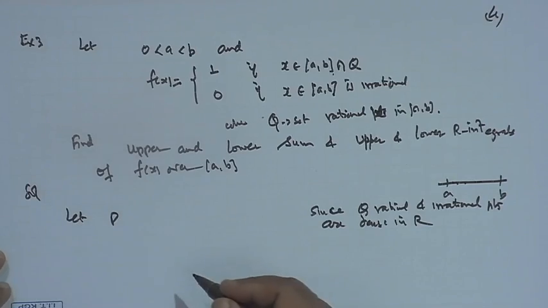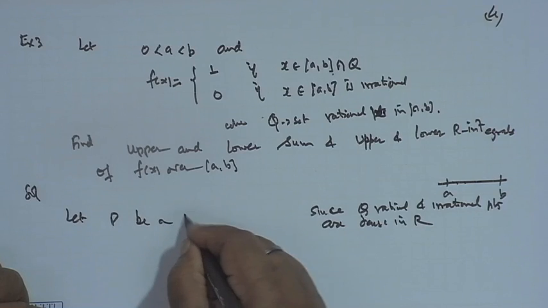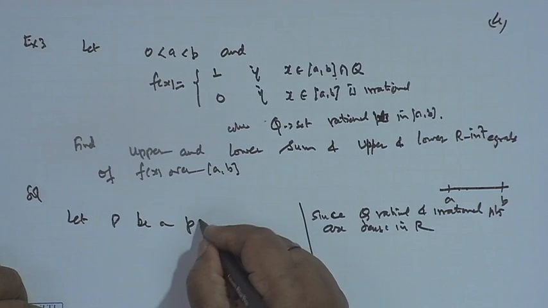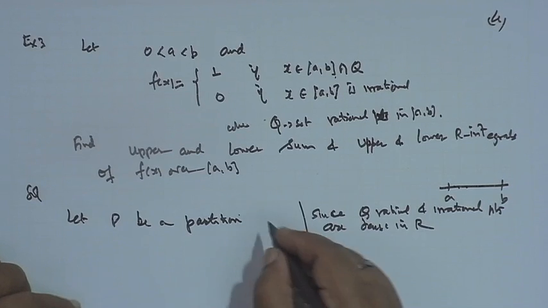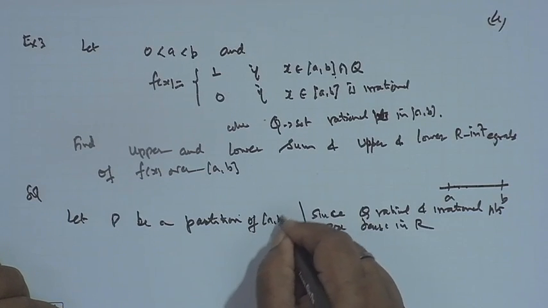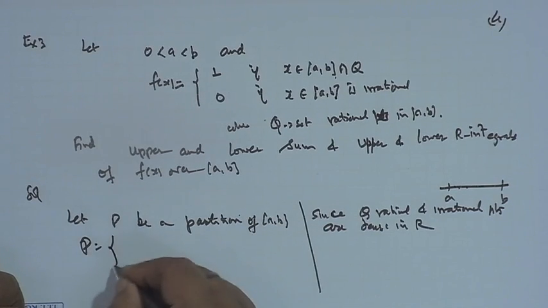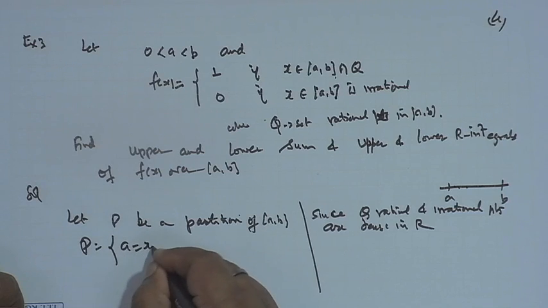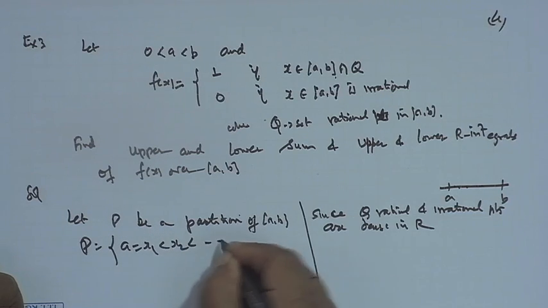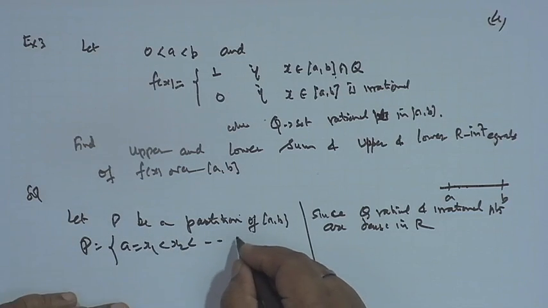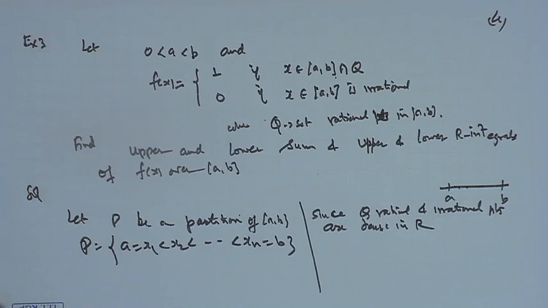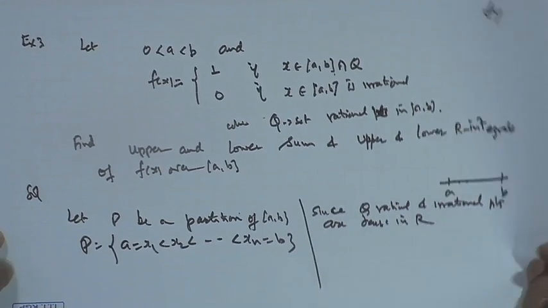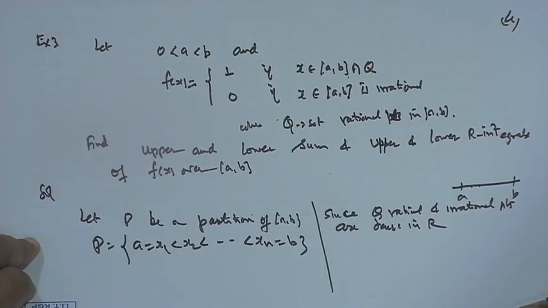Let P be a partition of the interval a b. Suppose this partition is a equals x 1 less than x 2 and so on less than x n, which is b. Okay. Then what will be the infimum and the supremum value of the function?